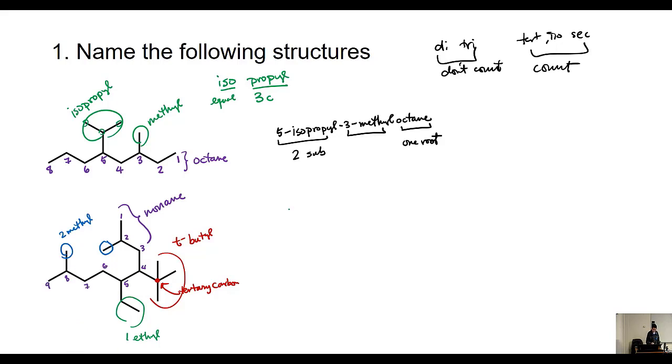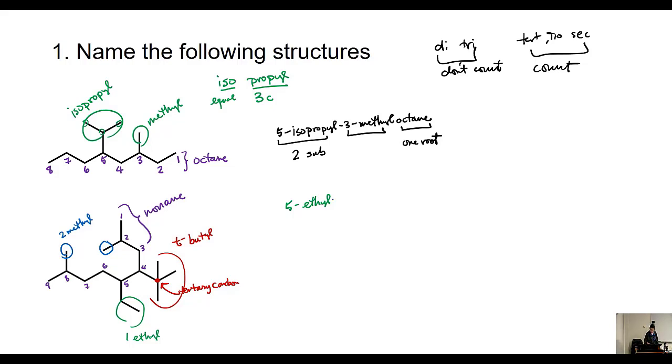So my ethyl is on which carbon? 5. Okay. So I have 5 ethyl, and then which one goes next? 8 methyl. Okay. 2, 8, dimethyl. I have 2 methyls, so we need to keep track of both.